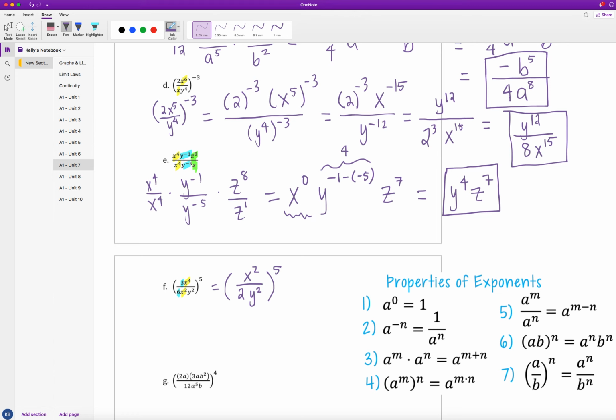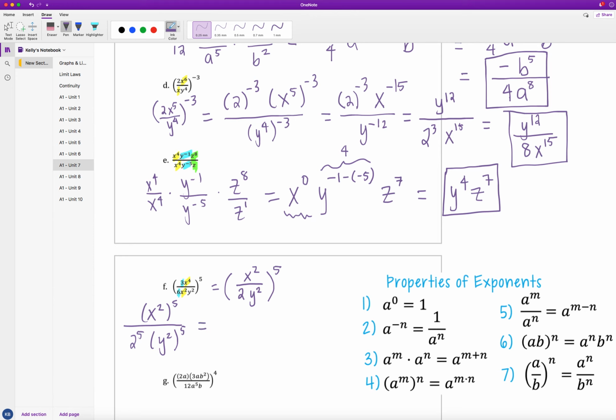From here, I can now distribute that 5th power to all the pieces inside. How many pieces will that 5th power be distributed to? We will have 3 parts. We'll have the x squared to the 5th over the 2 to the 5th, and then the y squared is also going to be raised to the 5th power. The last thing I have left to do is simplify each one of these parts.